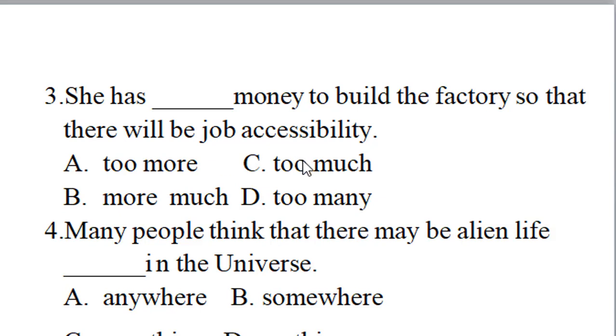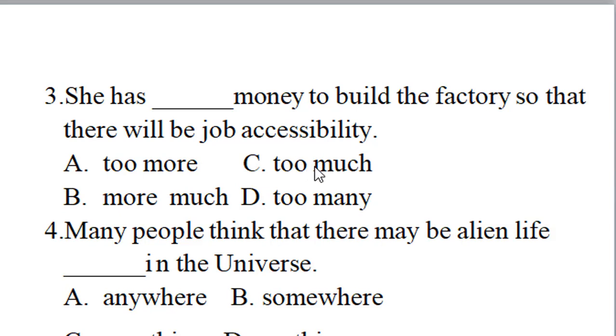Too much money means an infinite amount of money, adequate money, plenty of money, a lot of money. I can say too much money; it is also grammatically acceptable. Not more much, but much more. Too many money is not possible, because money is uncountable, while many is used for countables in questions and negative sentences. So the reason for the answer is here.